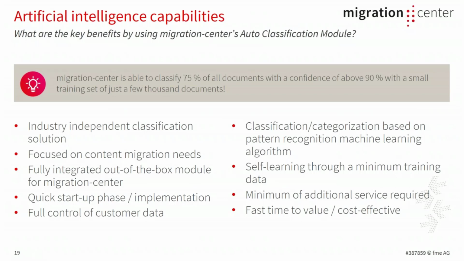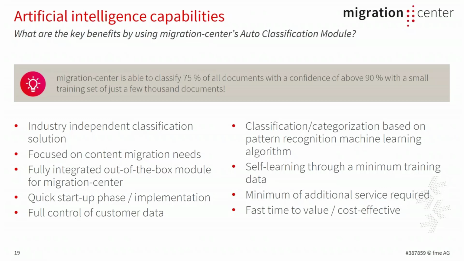And we had a couple of goals before we started with the implementation of this new capability. The first goal was to dramatically reduce the startup phase, that means the data preparation, the algorithm training and validation, and so on, and especially to avoid unnecessary delays in the migration project just because you use AI technologies.